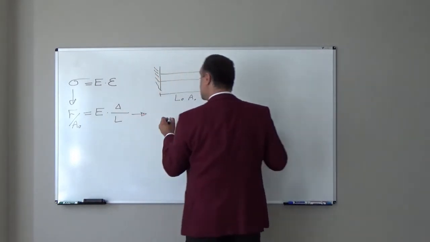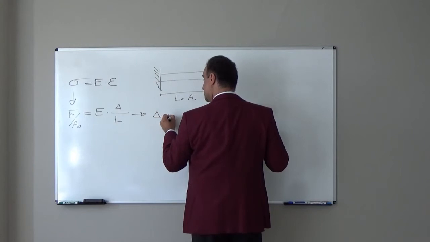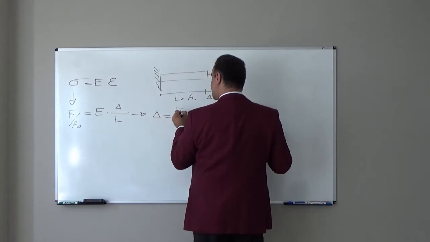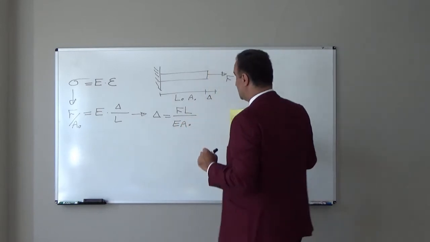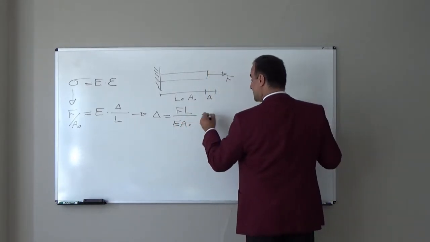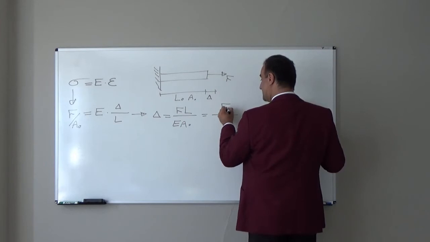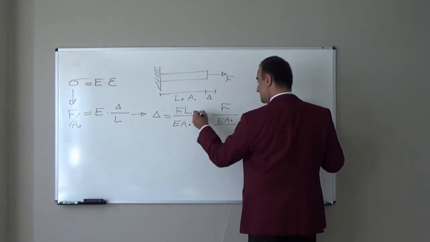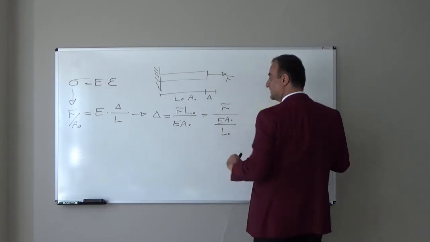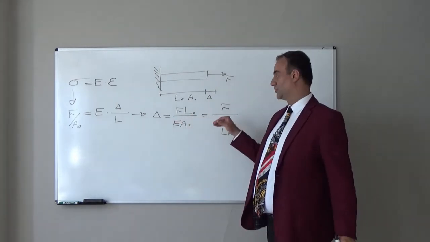From here we can write delta is equal to F L over E A0. Or I can write this form as F divided by E A0 over L0. Both are the same formula.